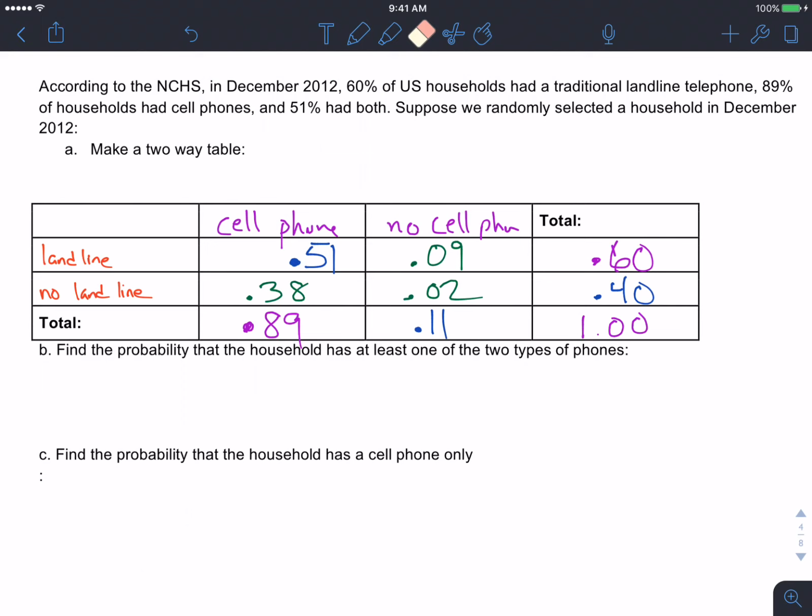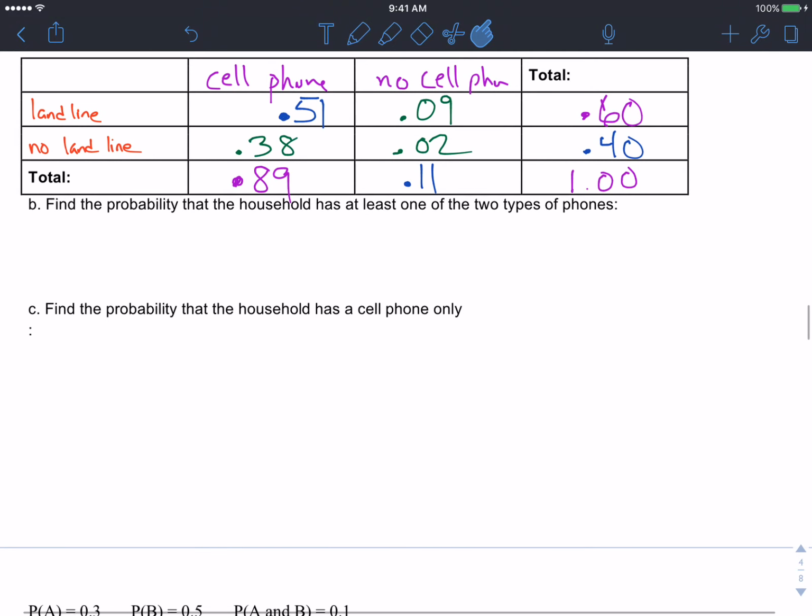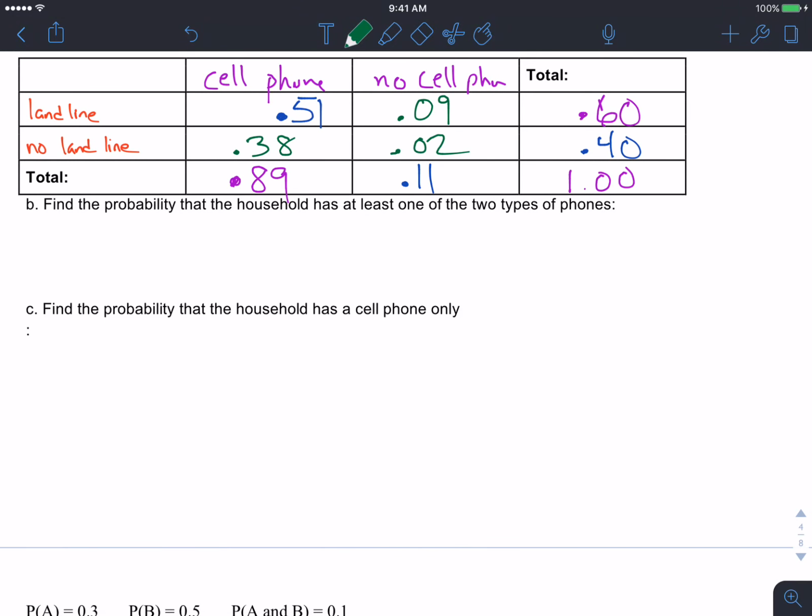It says find the probability that a household has at least one of the two types of phones. We could do this multiple ways. Way number 1: we're looking at the complement of nothing, so that's 1 minus the probability of nothing.